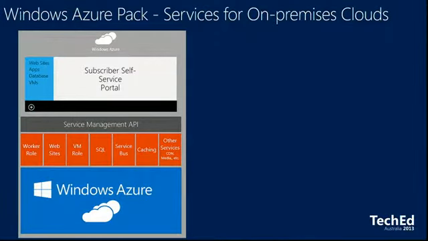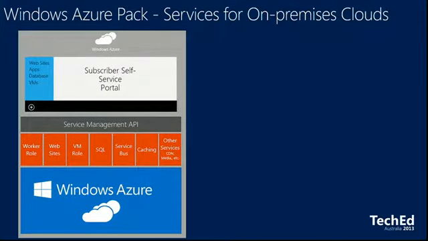So, if you take a look at what Windows Azure looks like, you see these layers. The bottom bit is the Windows Azure fabric, which is Microsoft's secret magic sauce. On top of that, you get your cloud services layered: websites, VMs, SQL Azure, Service Bus, caching, storage, CDN, media services, all that kind of stuff.